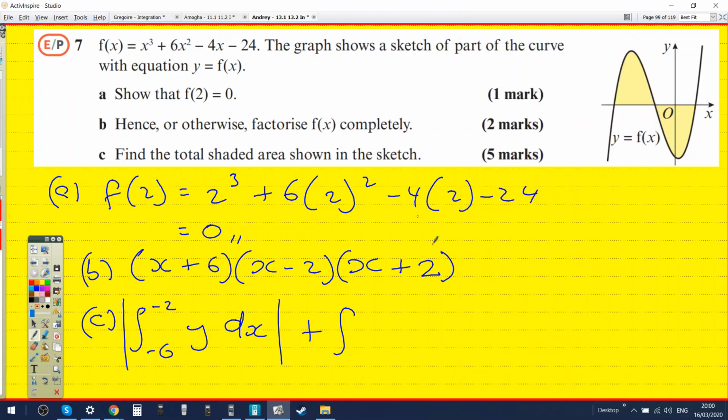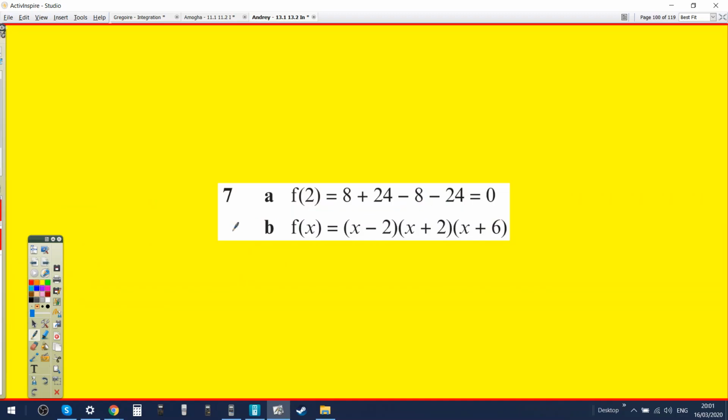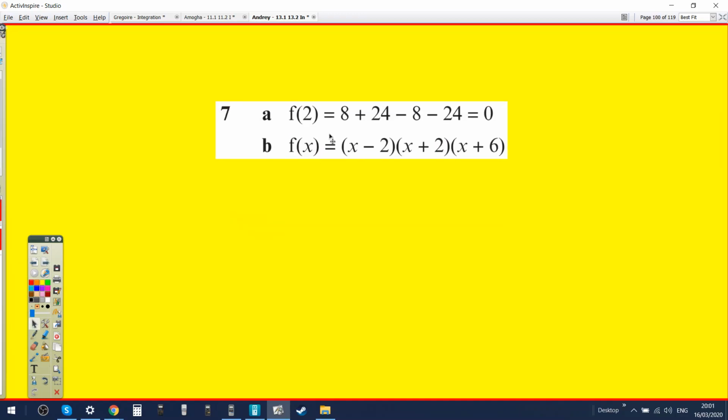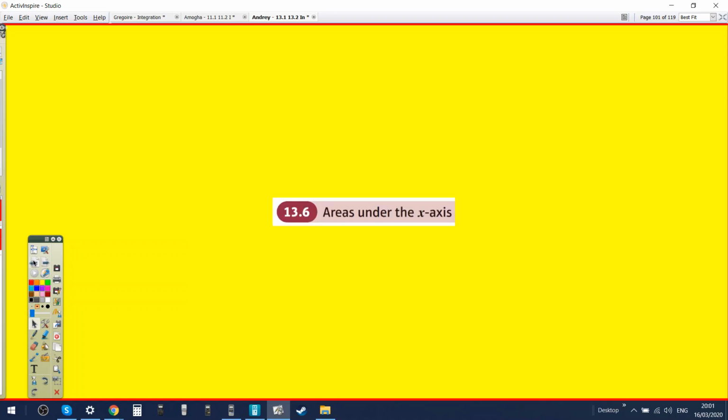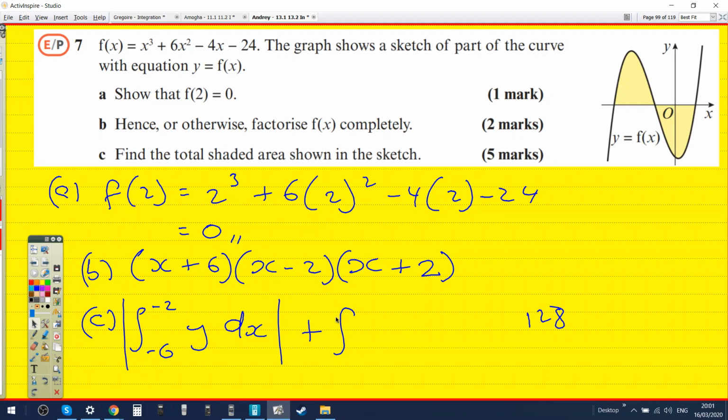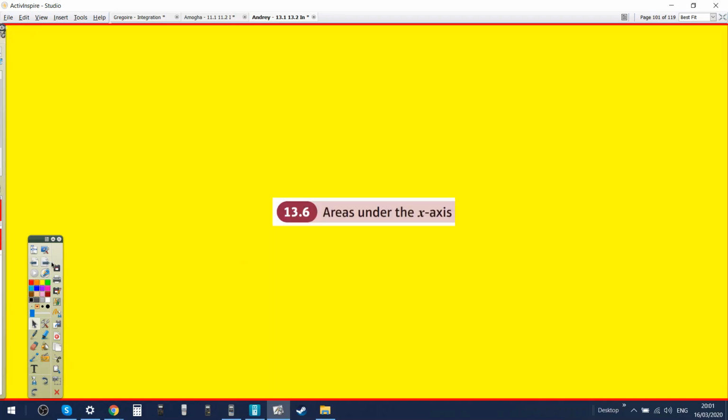Yeah. And it says it's 128. And this one is, oh, I don't have the answer for C, but yeah, you'd get 128 if you did it. Yeah. Area under the x-axis.